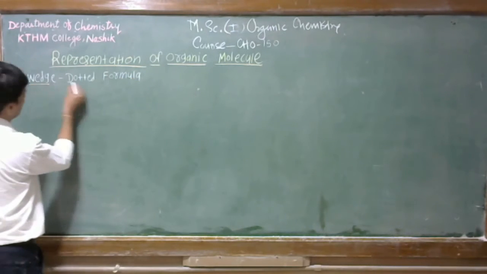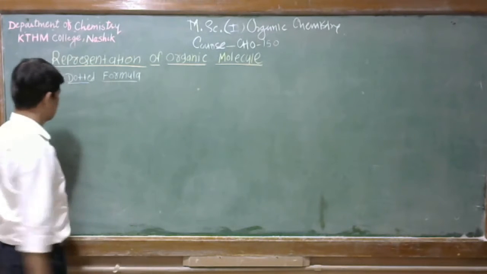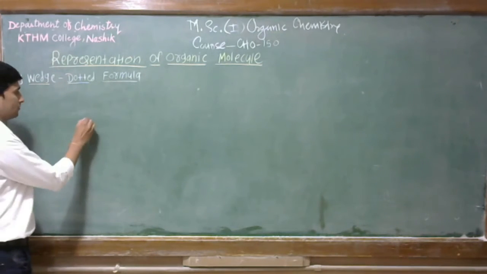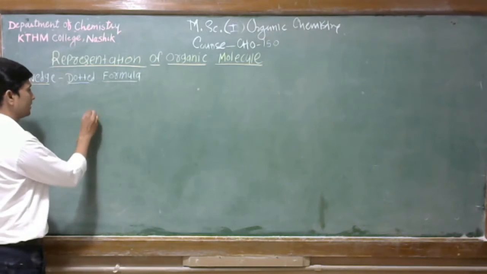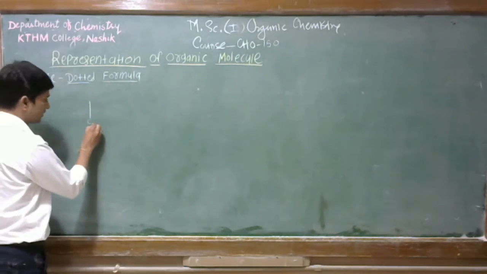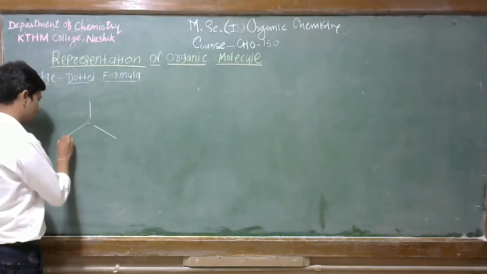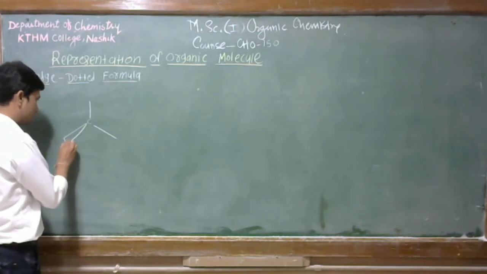Wedge dotted formula is given for the tetrahedral carbon atom. This is the carbon atom in which we are drawing the tetrahedral structure.